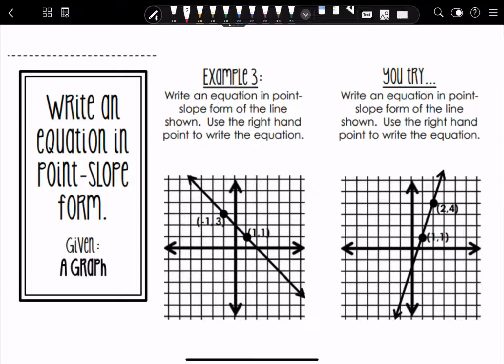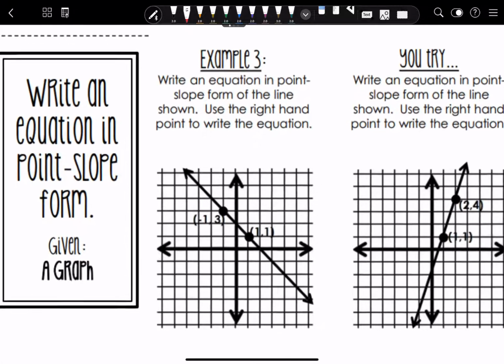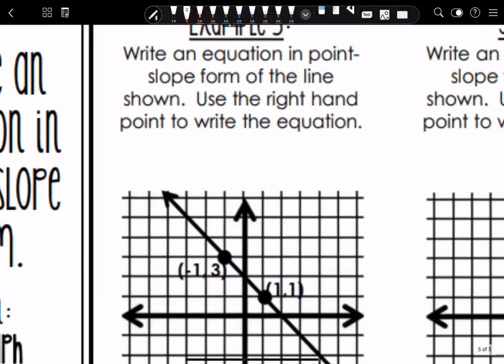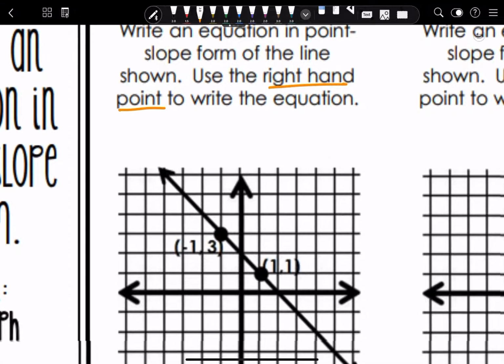And then lastly, we're going to write an equation in point slope form, and all I've given you is the graph. I've also told you that I want you to use the right-hand point to write the equation. So I want you to use this one right here, 1, 1. All right? You need 2 things for point slope form. You need a point, which we have. We have 1, 1.